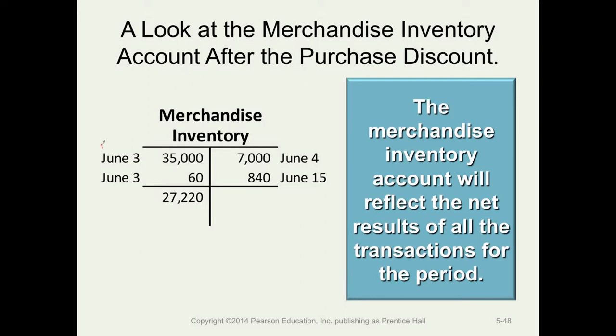So we've got a purchase, we have freight in, we have the purchase return and allowance, they are accounted for the same way, and we've got the purchase discount. So we add the freight, and we subtract the purchase return and allowance, and we subtract the purchase discount.